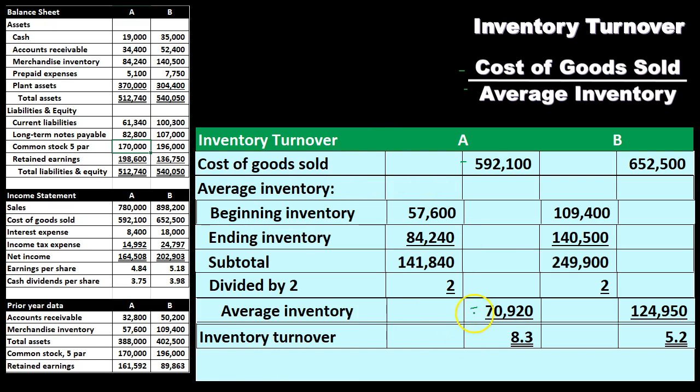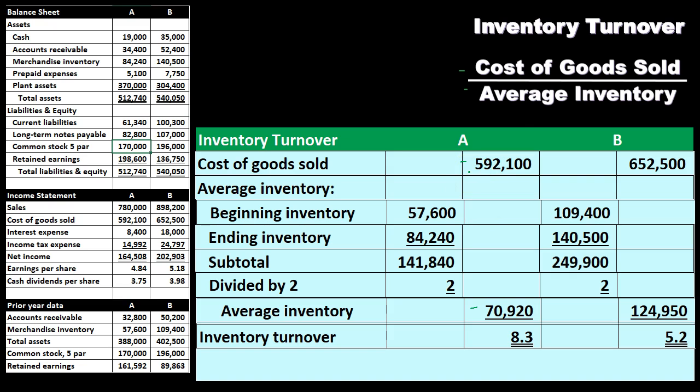So let's think about this again. We've got the average inventory. This is the average inventory on hand at any given point, basically within the time period that we're talking about. We're dividing that into the expense of us basically selling the inventory. So this is representing us selling inventory. This is representing how much inventory is currently on hand. And so if we divide this into the cost of goods sold, we're calculating how many times that average inventory is turning over.